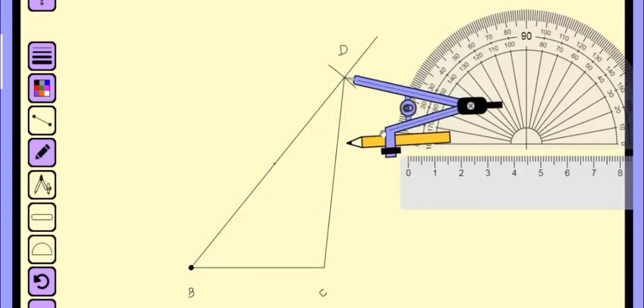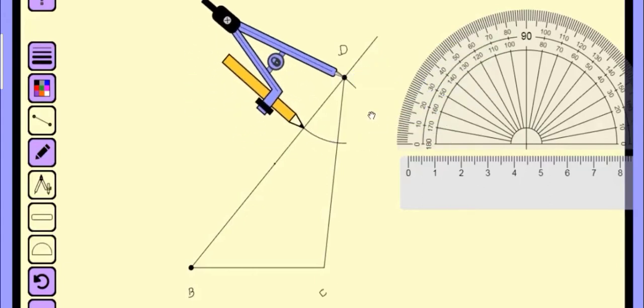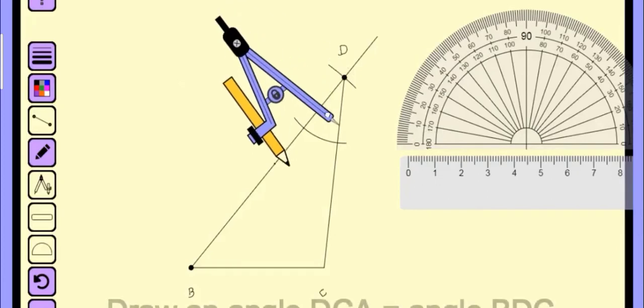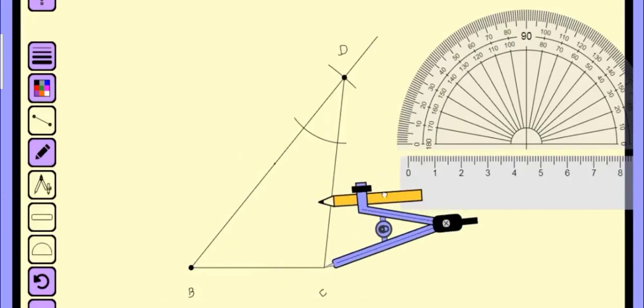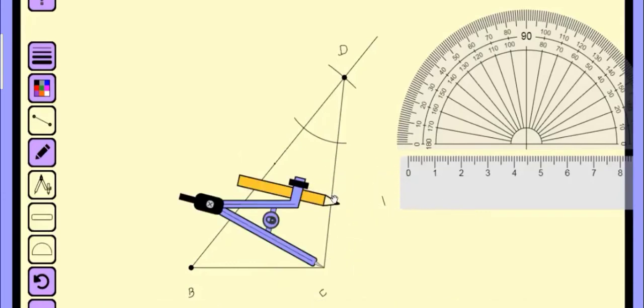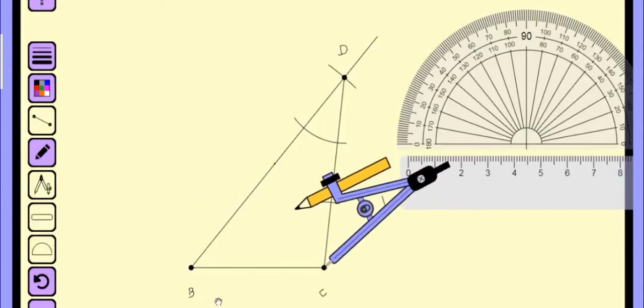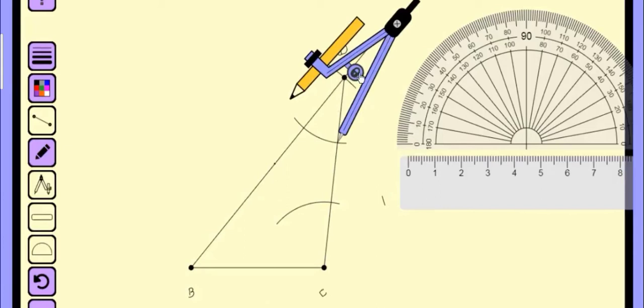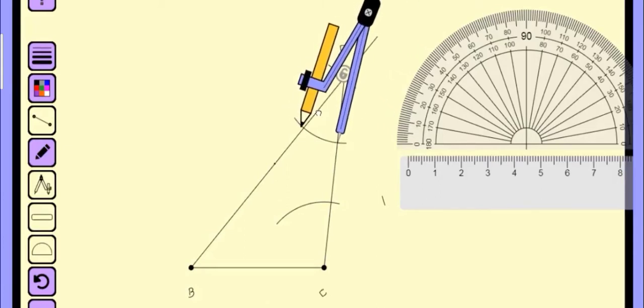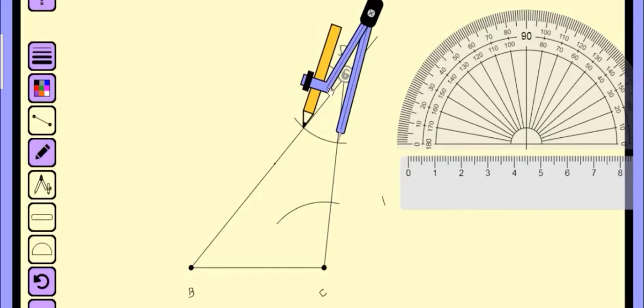Take some measurement, say 1 centimeter, and draw an arc considering D as the center. Keeping the same measurement at C, draw an arc on the line CD. Now take the distance between the two arcs touching the two sides, and with the same distance from the intersecting point, draw an arc.